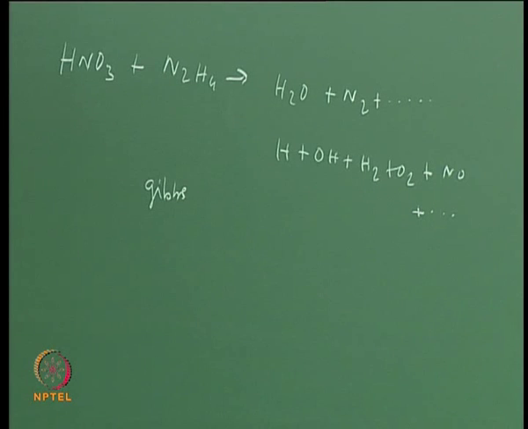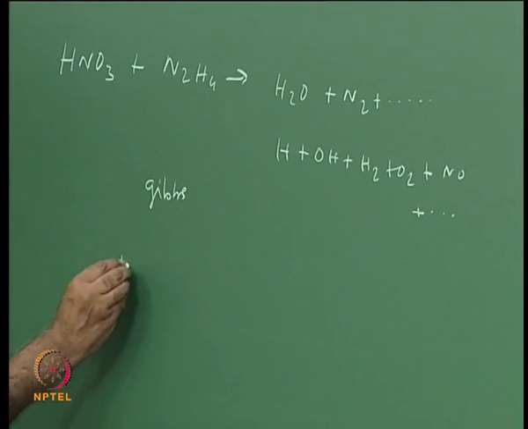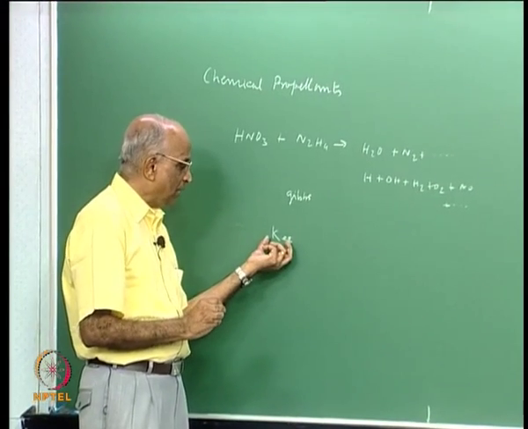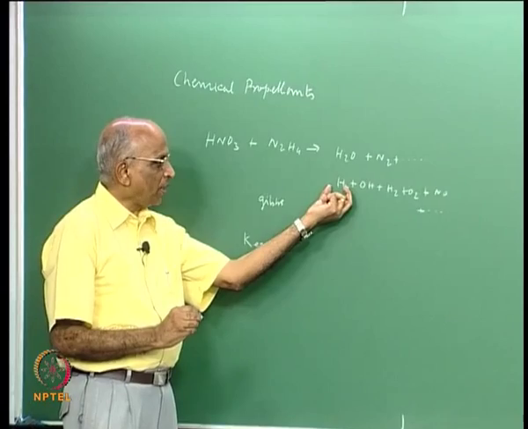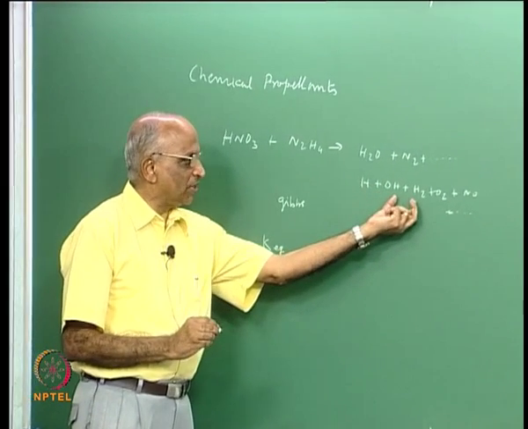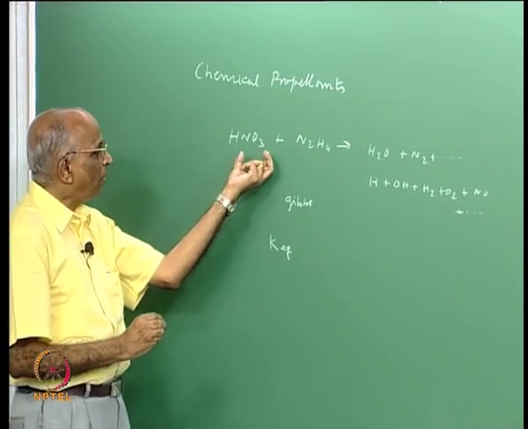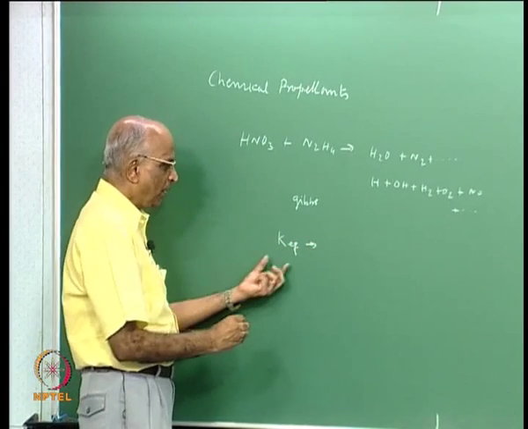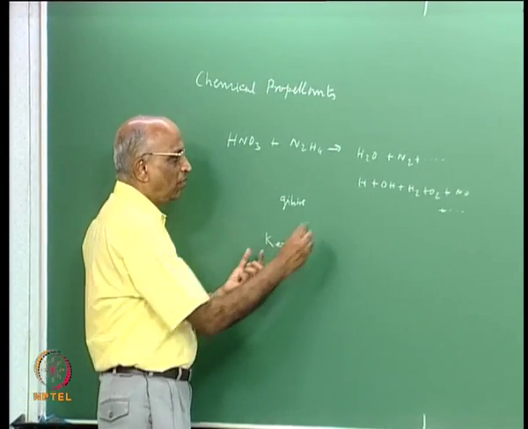For this we also defined something known as K equilibrium, which tells us the condition, that means the product of the pressures of each of the species are in equilibrium, and using K equilibrium we were trying to find out what will be the products.